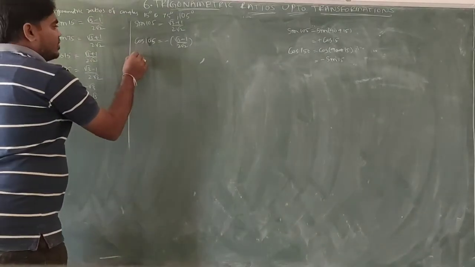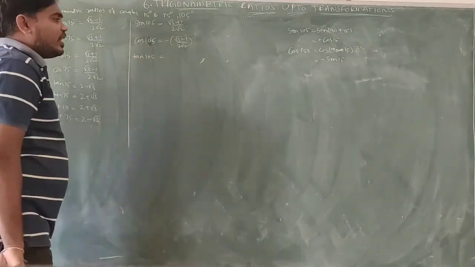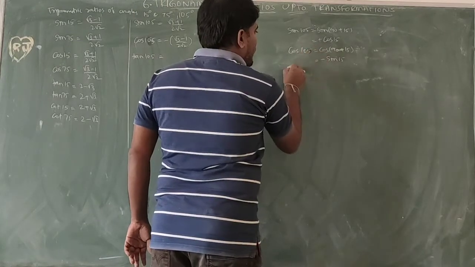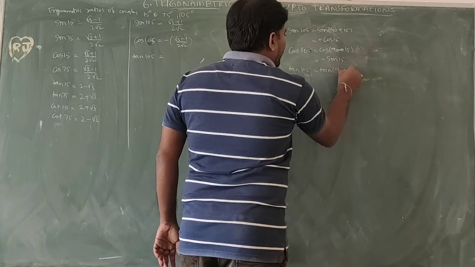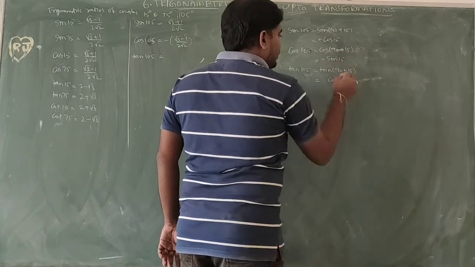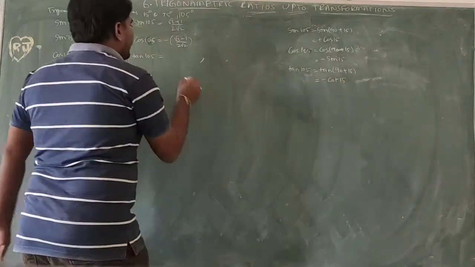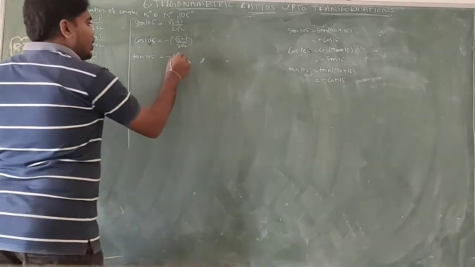Next, tan 105. If we take tan 105, it is tan of 90 plus 15. Since it is 90, tan will become cot. In the second quadrant, tan is negative, so minus cot 15, minus of cot 15 value, which is minus of 2 plus root 3.